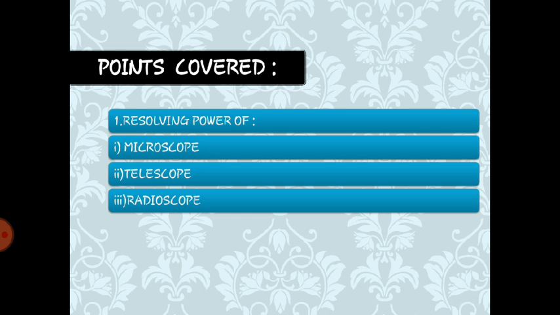In this way, the wave optics chapter is finished. This is the last lecture for wave optics, and from now on we are going to deal with the numericals for wave optics. Please go through all the videos for the theory part, then only you will understand how the numericals can be solved.